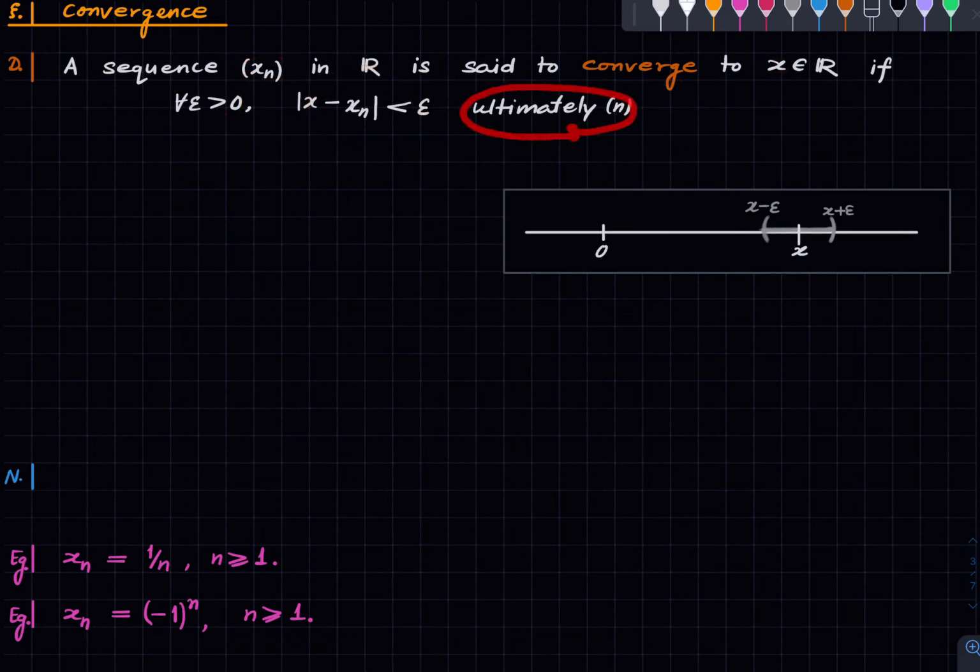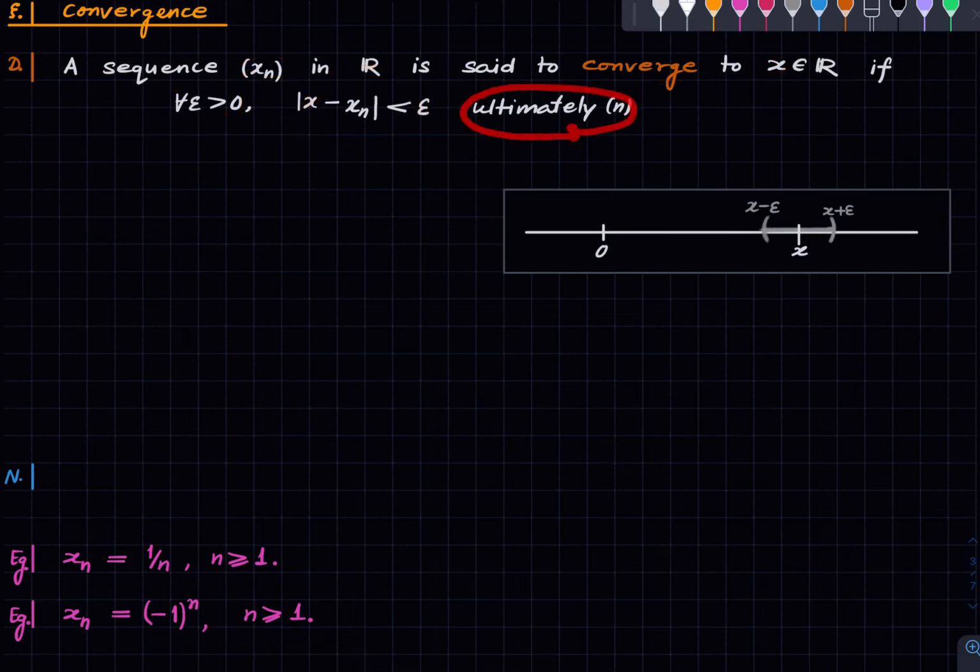But in fact, it's better to write it the previous way. So xn lies here ultimately, and yn lies here. Sorry, xn lies here ultimately.